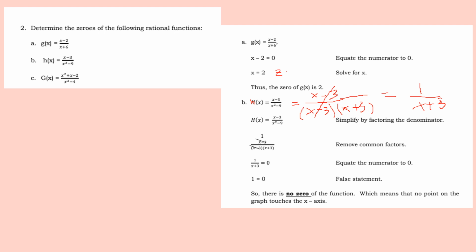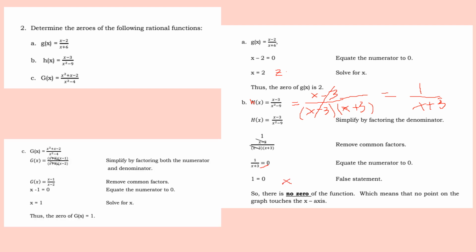And then, we multiply x plus 3 times 0 by cross multiply. That is equal to 0. Ang naiwan ay 1. Asan ang x? Wala, diba? So, therefore, the given in number 2 is false statement. Mali yung statement dito sa letter B kasi wala tayong nakuha na value ni x. So, there is no 0 in the given function.